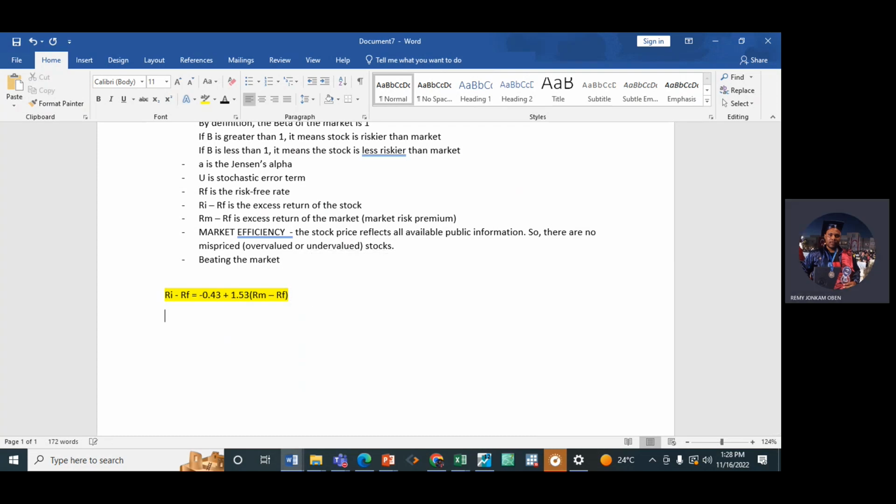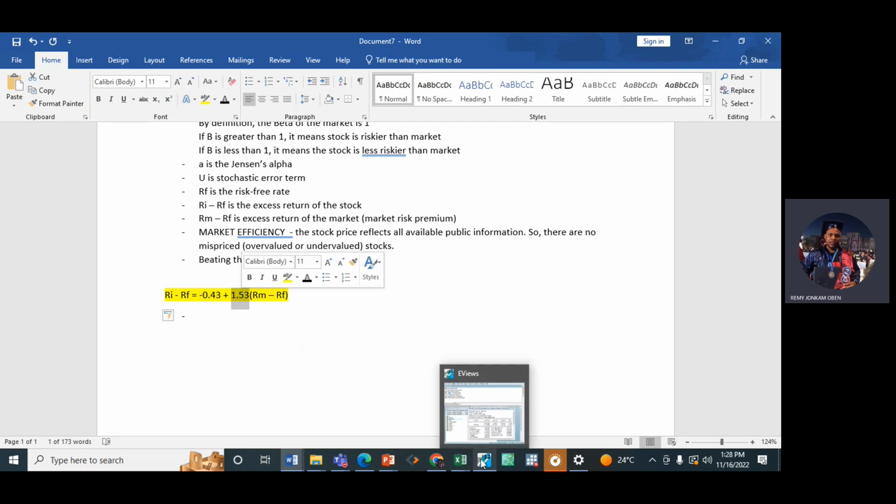So how should we interpret our regression results? Yes, you can interpret it the way we always interpret it. But before interpreting these results, we need to check statistical significance. Are these coefficients significant or not? You cannot interpret coefficients which are not significant, right? So we should look at the significance of these coefficients.